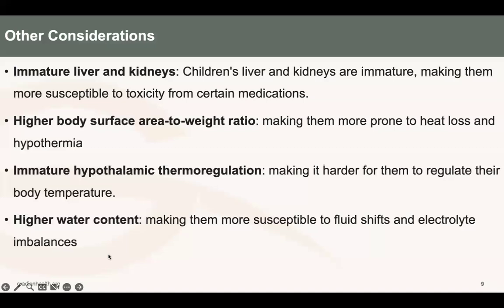Yeah, and it doesn't end there. Like I said, immaturity is in every part of the body that is developing, and so we see the liver and the kidneys, which are most involved in metabolism of drugs that we give to these patients.